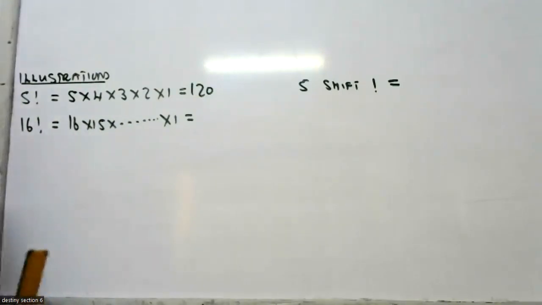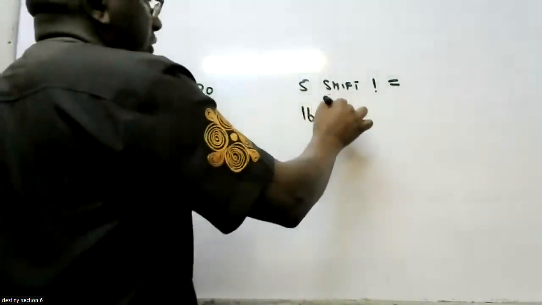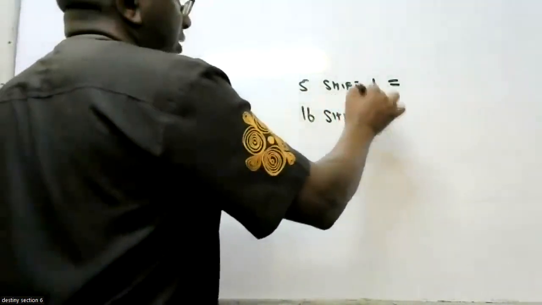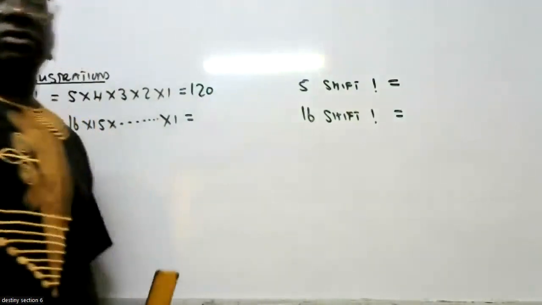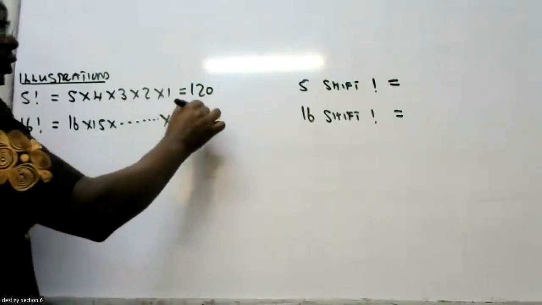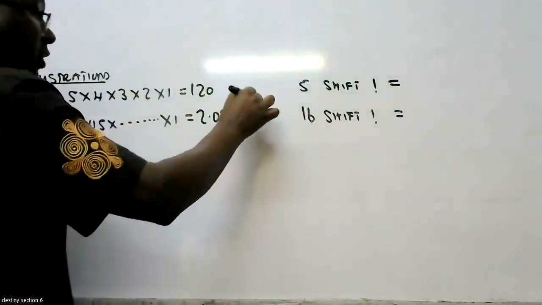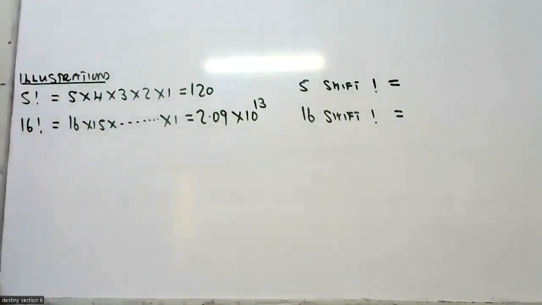But using the calculator, you just press 16, then shift, factorial, and equals. What do you get? 2.09 times 10 to the power 13. Good.